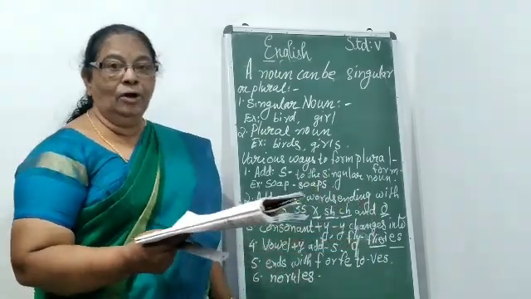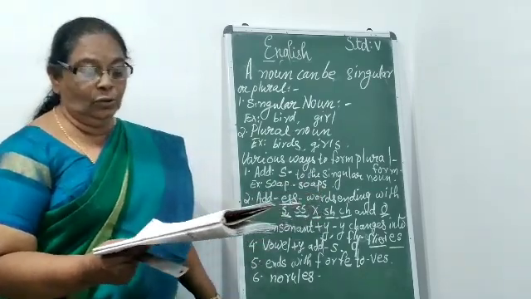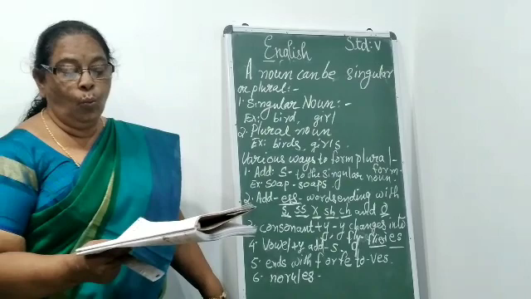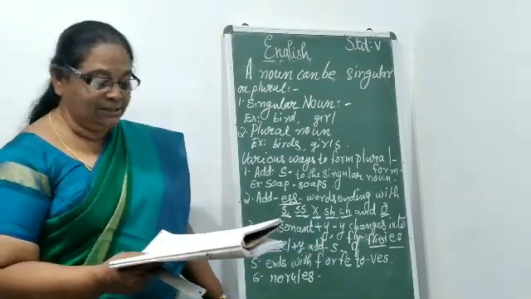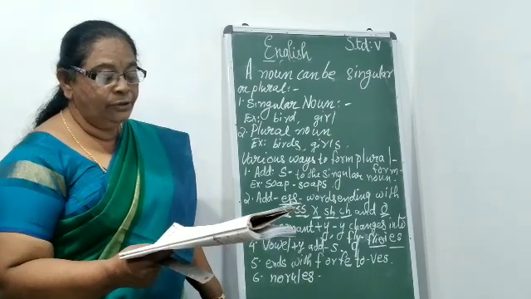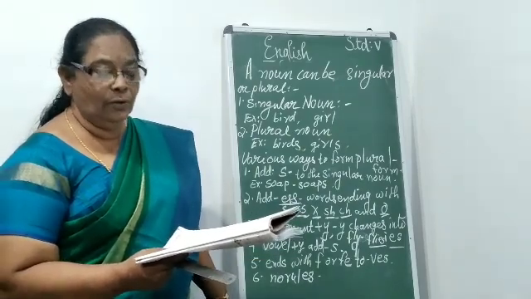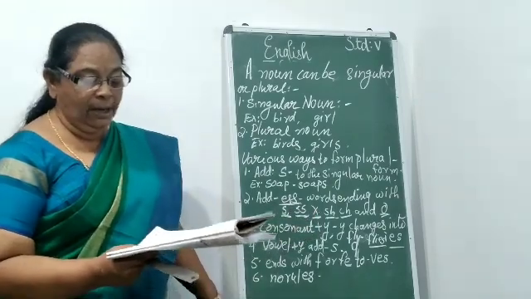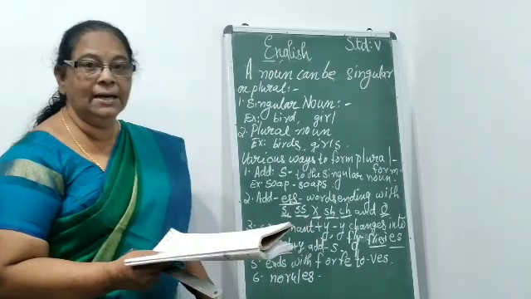But very clearly you have to understand the rules 3 and 4. Third rule, the consonant y we will cut it off and write ies. And for the fourth rule, when the y has an A sound or vowel sound, then we will add only s. Okay, is it clear?